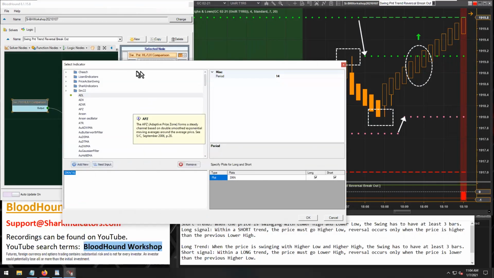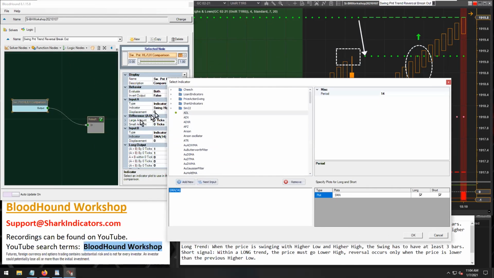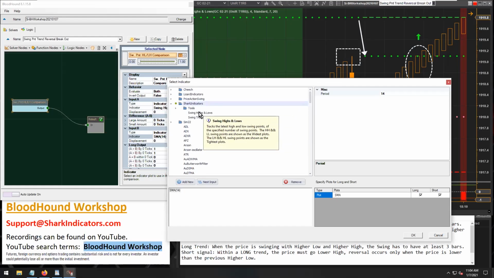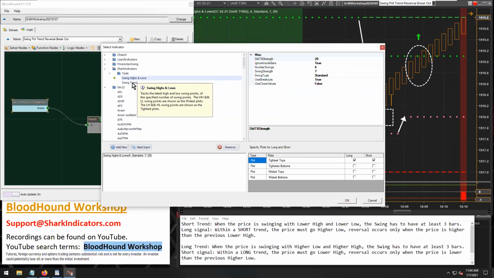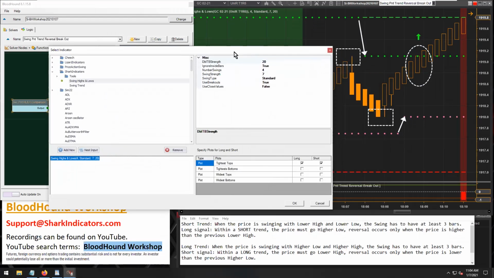Okay, and now for input B, it's going to be the same thing. We're going to plug in that swing indicator there, and again set our plots the same. So for a long, we're using the tightest bottoms. And for a short signal, we're going to be using the tightest tops.